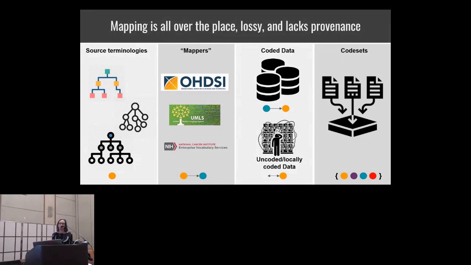So for example, if I want to query an electronic health record system for all the patients that have diabetes type 2, it's not going to be just one code. It's going to be a collection of codes. It might be codes that involve multiple types of diabetes. It might be codes that involve laboratory values. And so that collection of things we call a code set. And those too are essentially a kind of mapping that represents an entity, diabetes type 2.